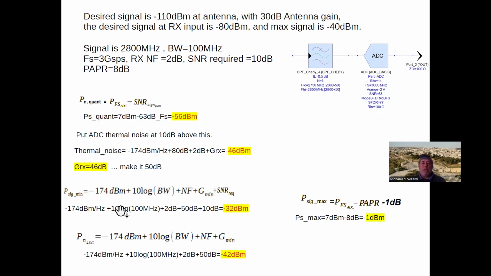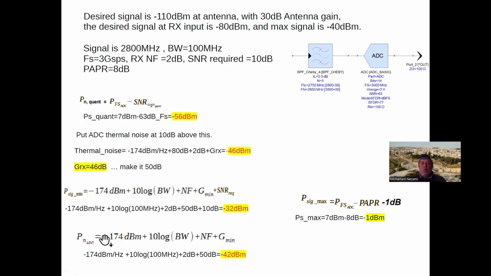So I could say minus 174 dBm per hertz plus the integration over the full bandwidth, add the noise figure, add the receiver gain that I assumed in here, and an additional 10 dB for SNR, then I get minus 32 dBm. Automatically, that is the minimum signal at the ADC that I want. So that is really the minimum desired signal level in here.